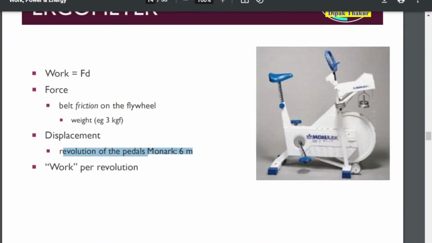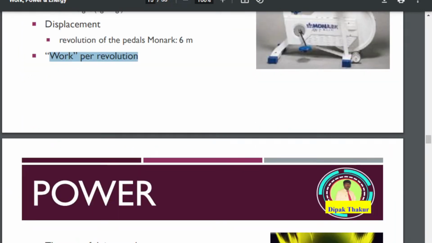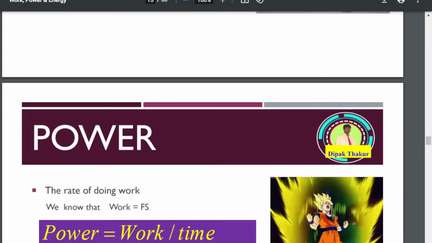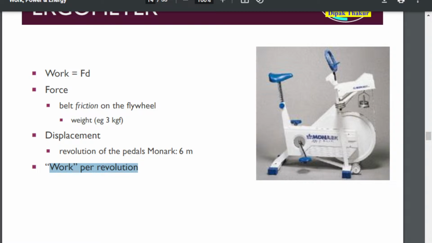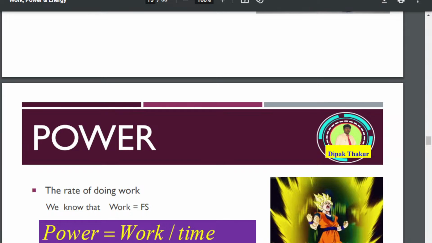The work per revolution will be, here also the same process, force into displacement, and we will get how much work is done per revolution. If the work is more, then we multiply the work done by one revolution by the number of revolutions.